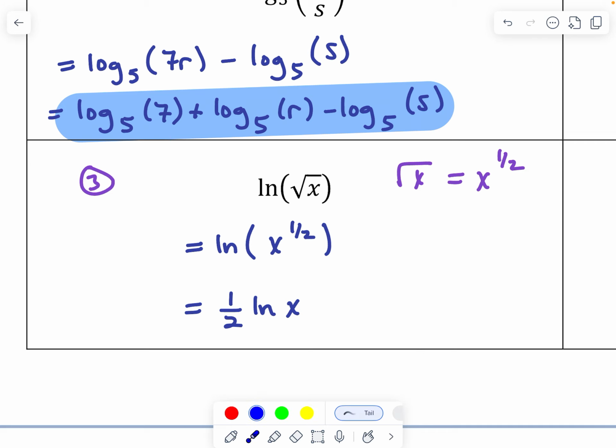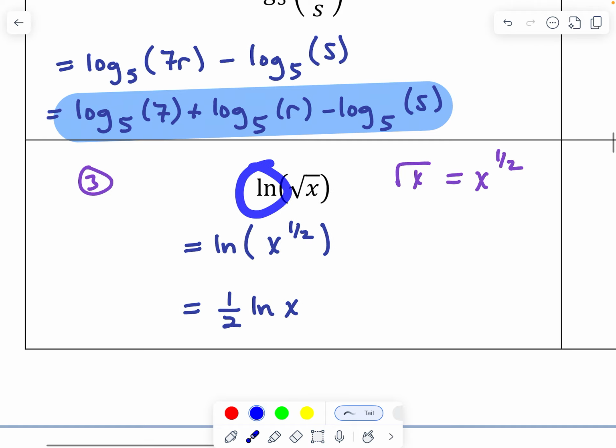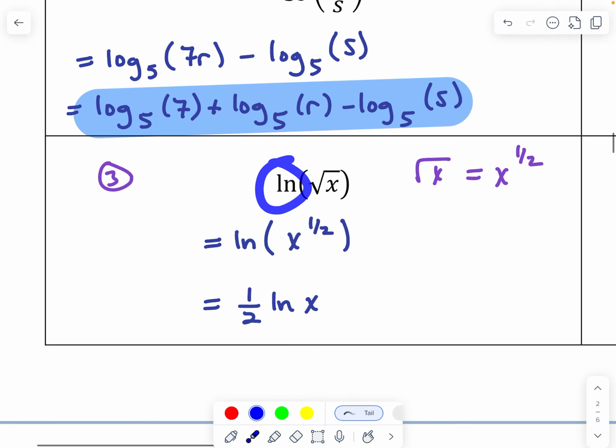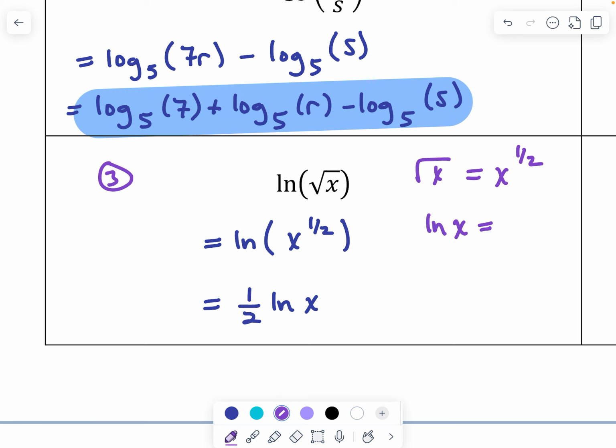A couple things. All the properties that we've done apply to ln, just as they do any other logarithm, right? What is ln? Remember, ln is the logarithm with base e. So it is a logarithm. All the properties of logarithms still apply to it, all the same. Another thing, up here I put parentheses around the s.